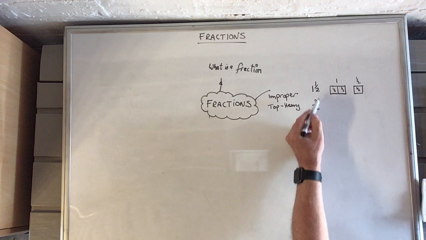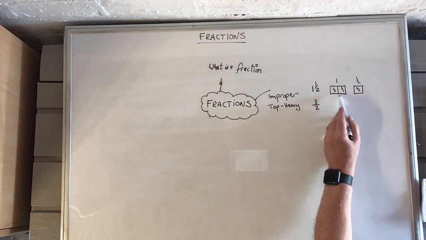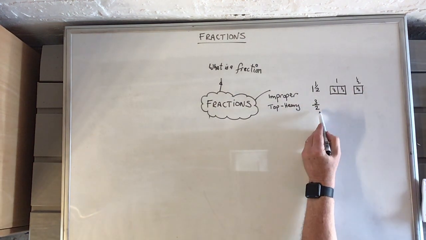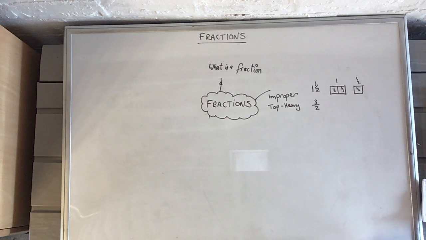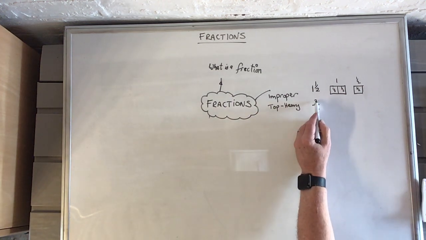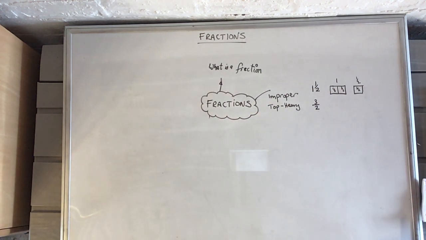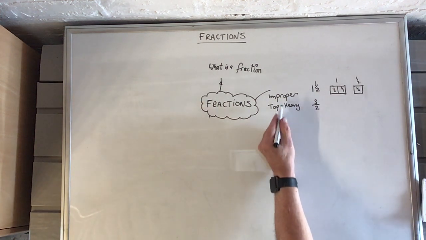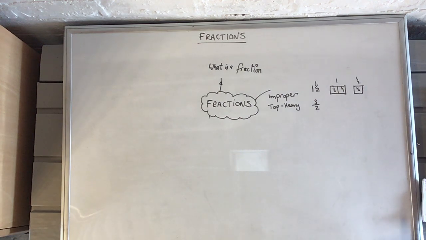So these two things are the same. 1, 2, 3, and it's halves we're talking about. That's why it's called top heavy. The number at the top is bigger than the number on the bottom. In the olden days it was called a vulgar fraction, but I don't think we'll use that term because you don't hear much of it now. It's always these two terms that you hear.